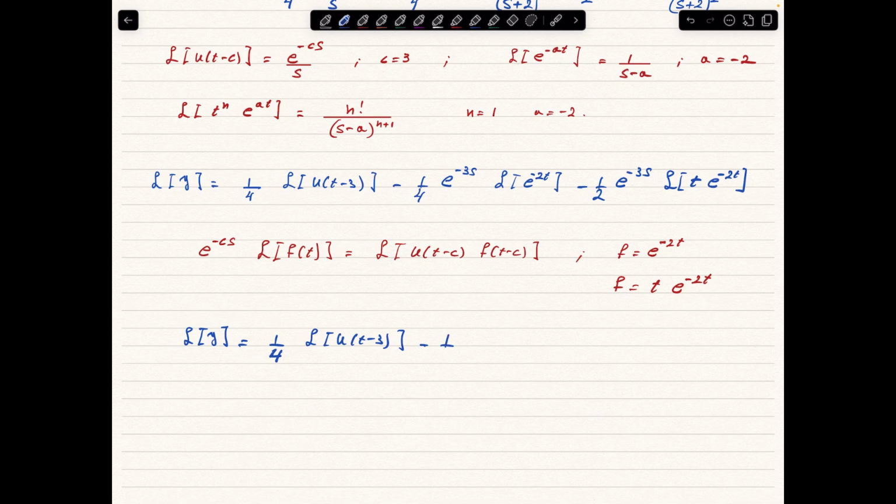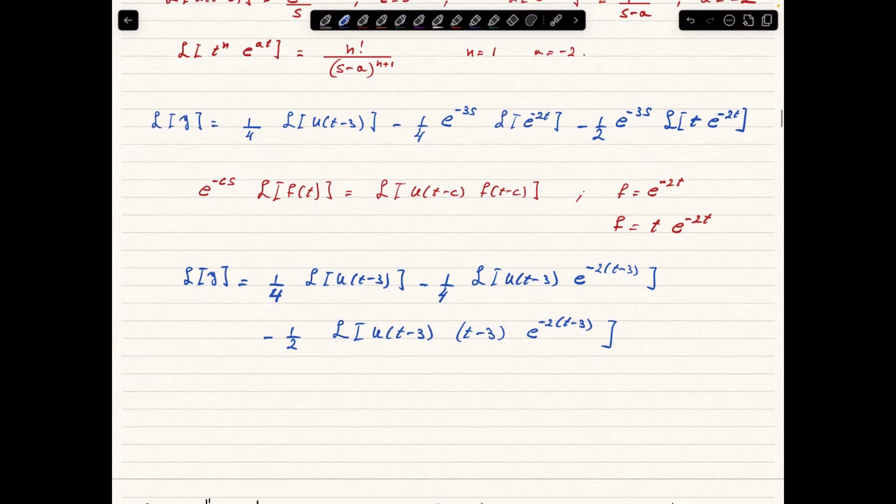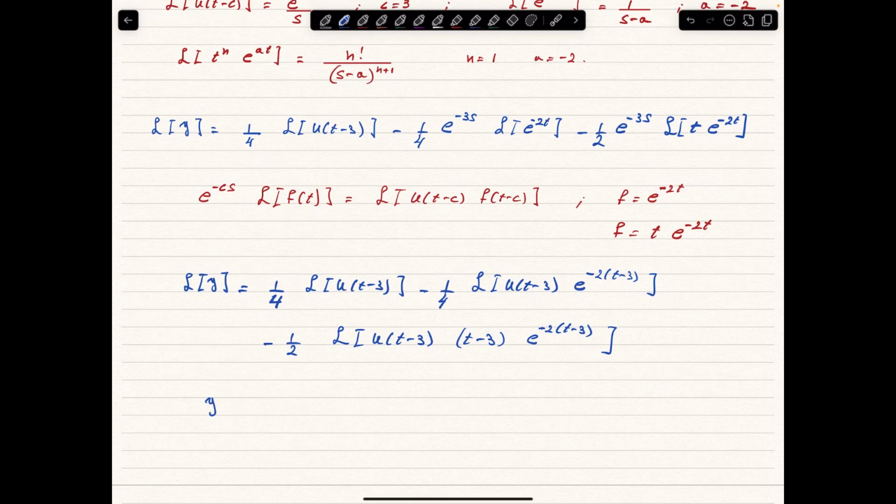Then we have minus 1/4, and now we use that formula, and then we are going to have the Laplace transform of the step t minus 3, and now the exponential is negative 2 multiplied by t minus 3, and then we have minus 1/2 the Laplace transform of the same step, and now we have t minus 3 because we need to shift the t, and we need to shift the exponential negative 2 t minus 3. So we put all this together and we got our result.